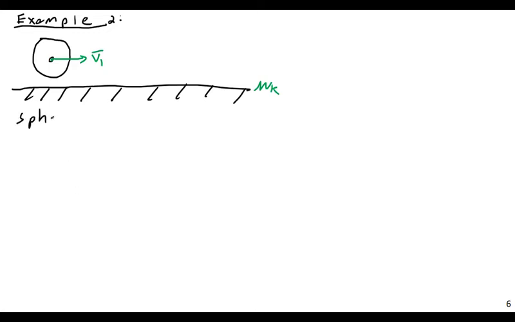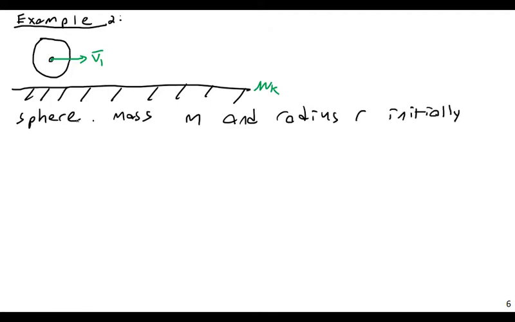The sphere, mass m, radius r, initially slides along the ground with no angular velocity, or we could also say with no rotational momentum.